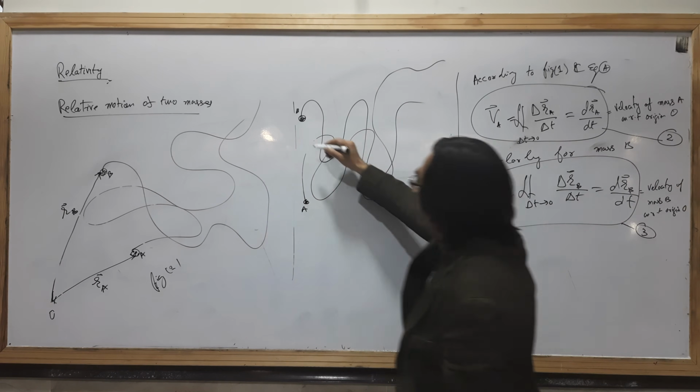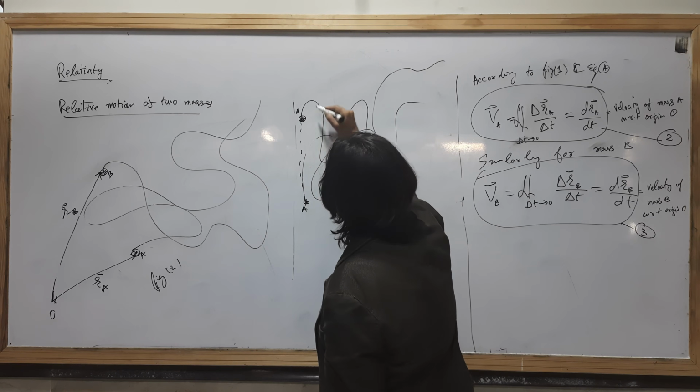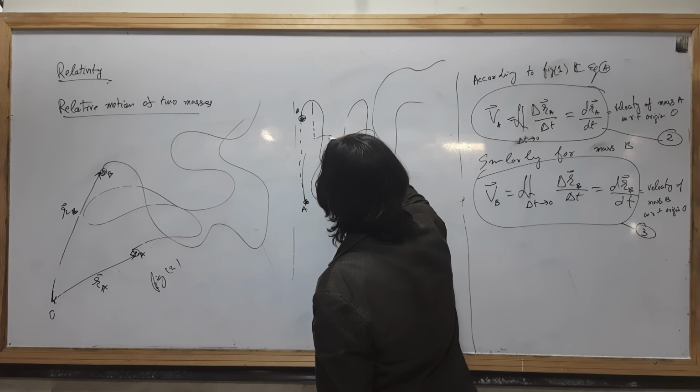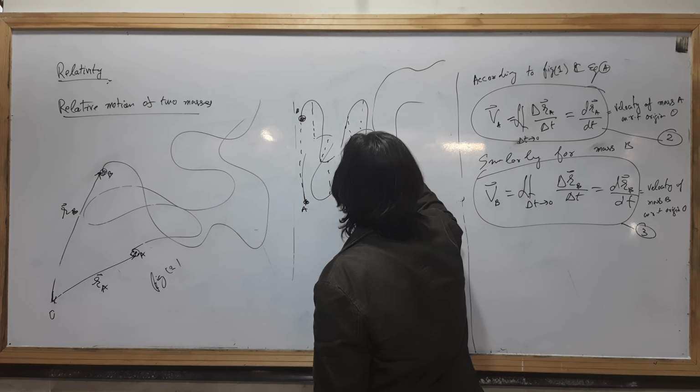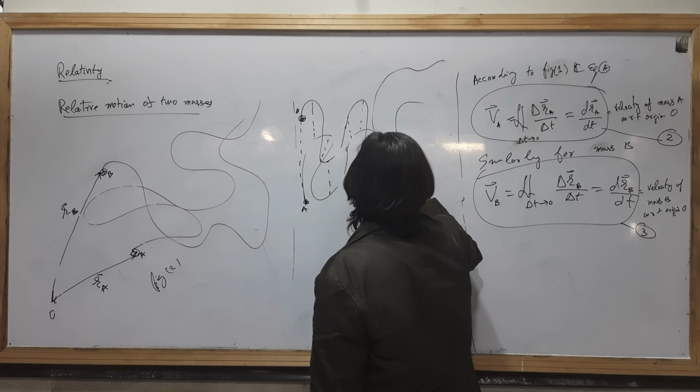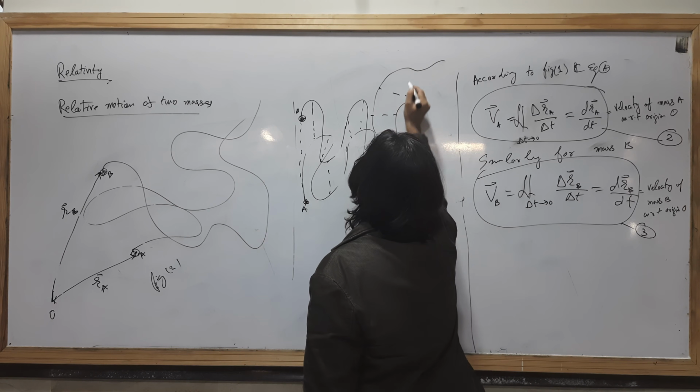Initially there is a continuous change in the distance, and here is 0. So at every point the distance is different.